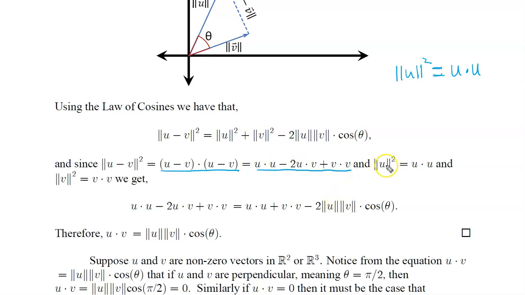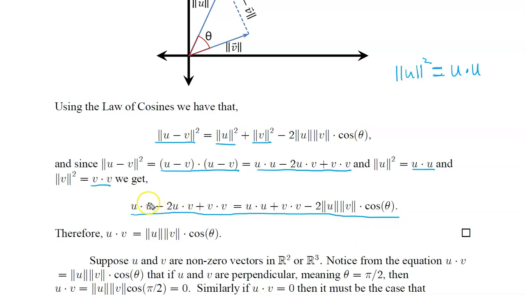Also, magnitude of U squared is U dot U, and magnitude of V squared is V dot V. So plugging this in here, this in here, and this in here, what we end up with is this equation down here.